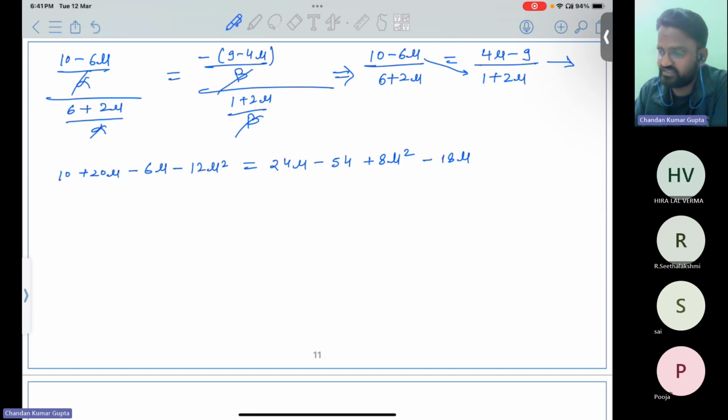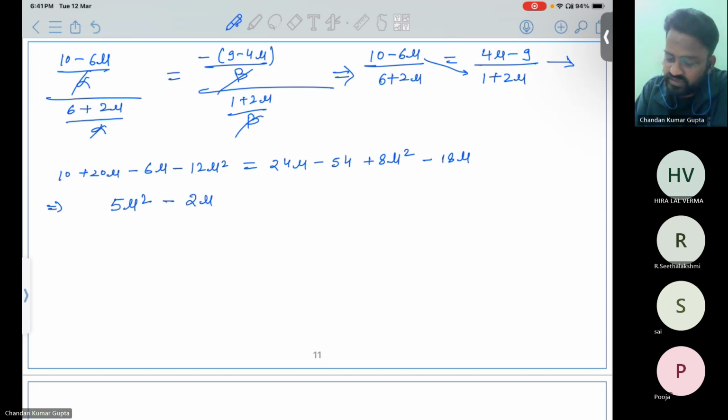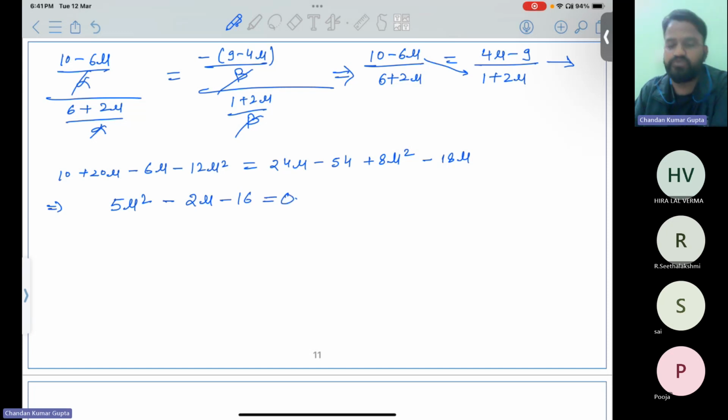Just solve this. After solving, we get a quadratic equation: 5 mu square minus 2 mu minus 16 equals 0.